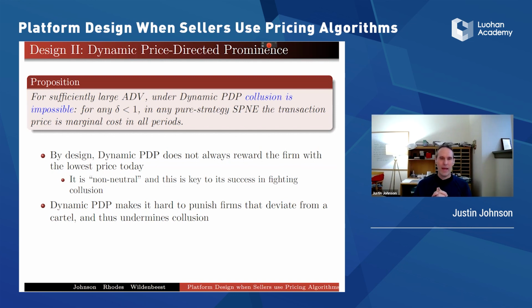And what dynamic PDP does is it makes it hard to punish firms that deviate from the cartel. If I deviate from the cartel, you can't necessarily punish me unless you charge a lot lower than what I'm doing. And that often will not actually happen.